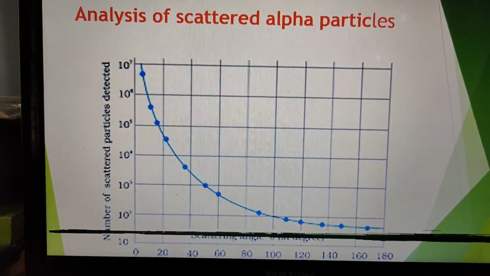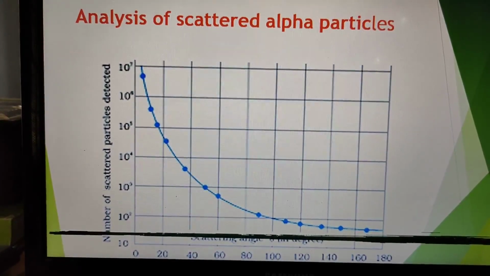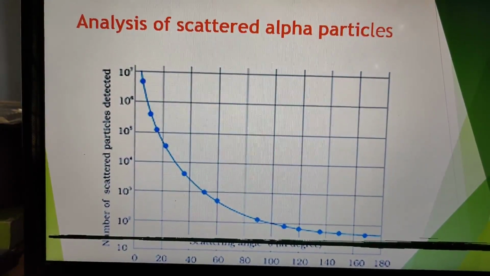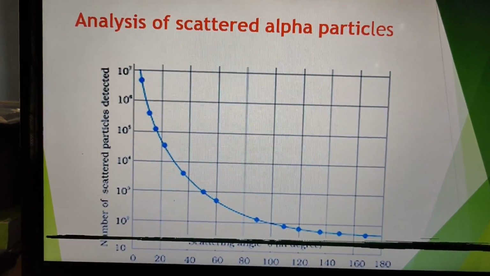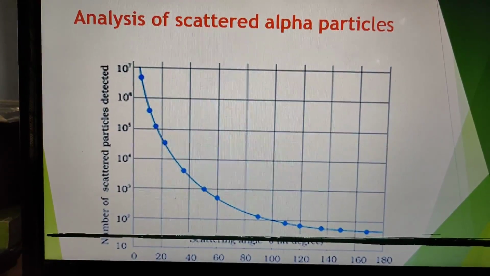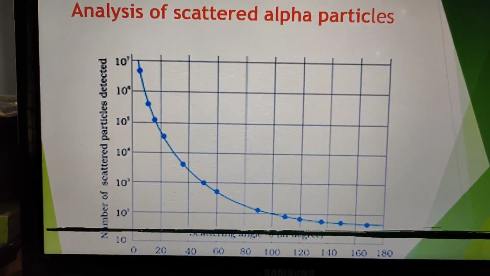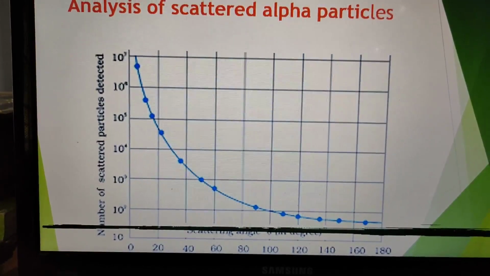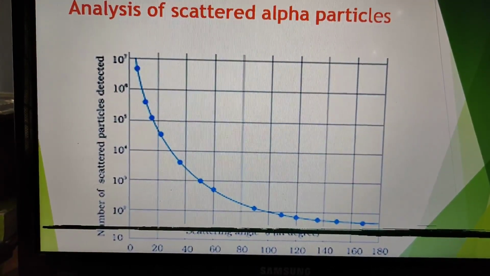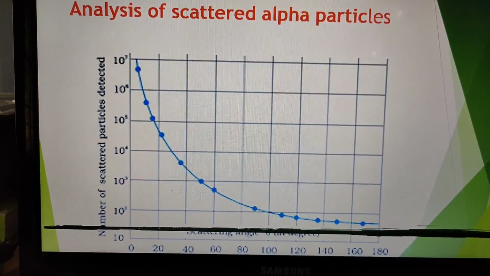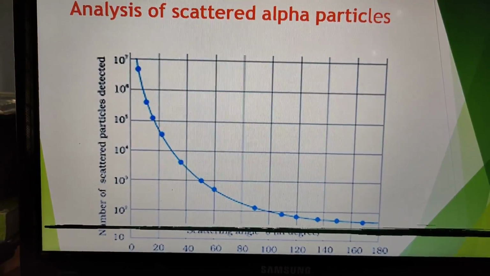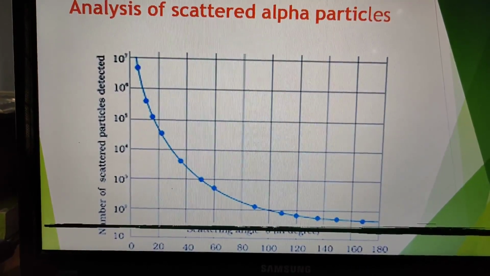For retracing or repelling, the positive charge of the gold atoms should repel the alpha particles, which implies that a very small number of alpha particles are repelled. This implies that the positive charge of the atom is concentrated in a very small volume, and that part was given the name nucleus. So the name nucleus was first chosen by Rutherford.